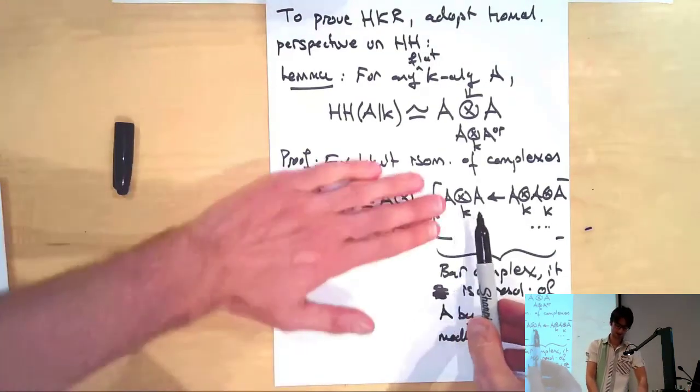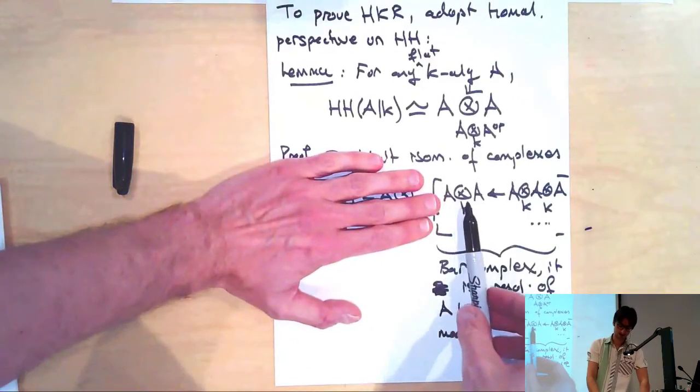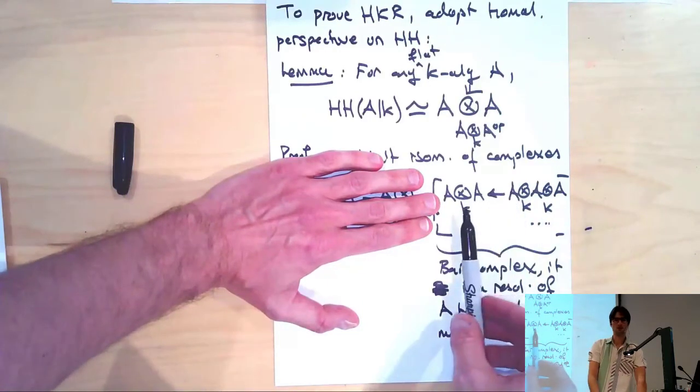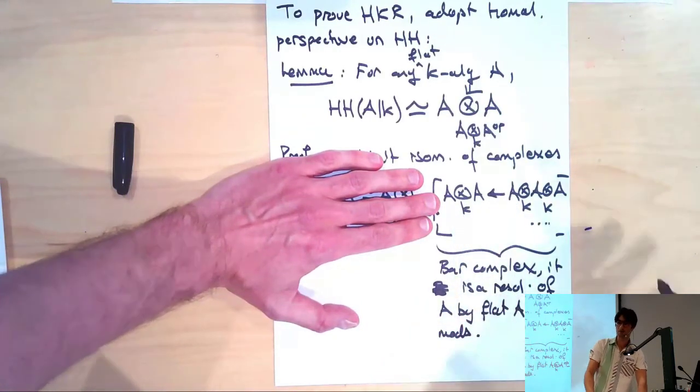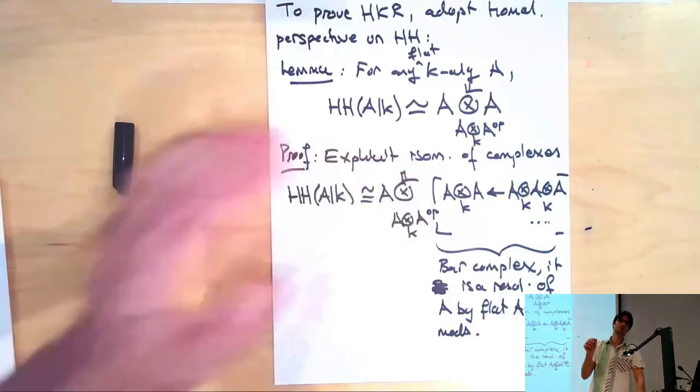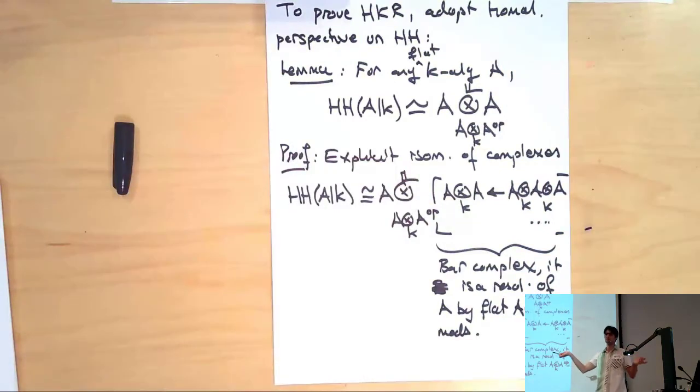So I write something down here. Let me cover this up so you don't need to look at it. I write something down that looks a bit like the Hochschild complex, except I start with A tensor A instead of A. And I write down the obvious boundary maps in which I don't multiply the last element by the first element. So I just multiply all possible adjacent elements with alternating signs.